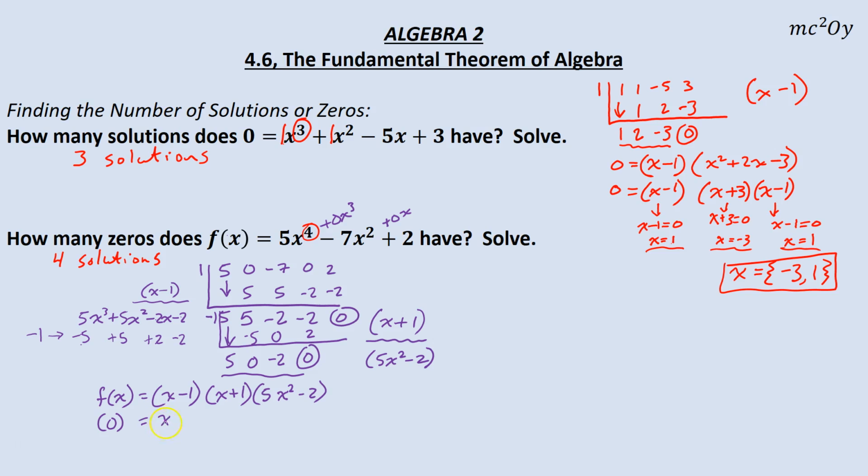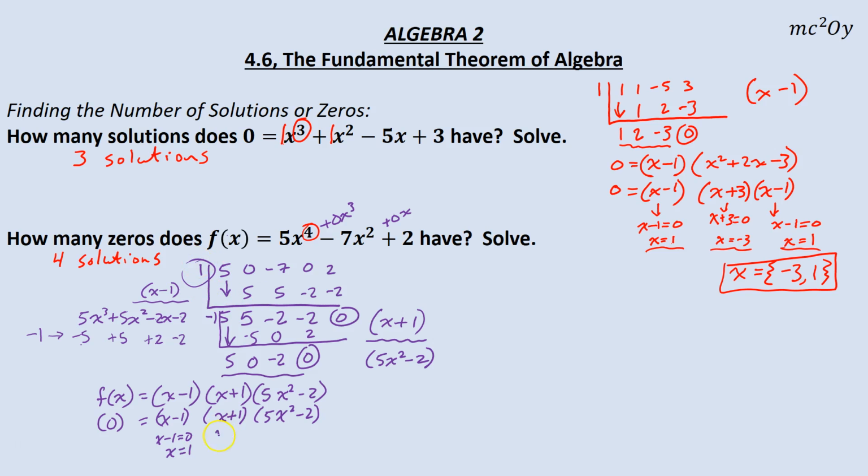Okay, and I'm going to set f of x equal to 0 because I want to find the solutions, meaning that if I have each of these quantities being multiplied together, one of those is going to be 0 because that's the only way to multiply to make 0. So if I set x minus 1 equal to 0, I get the solution x equals 1, which we knew. We had that right here.